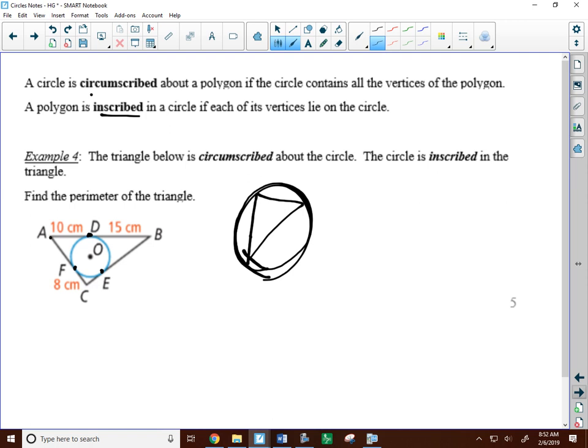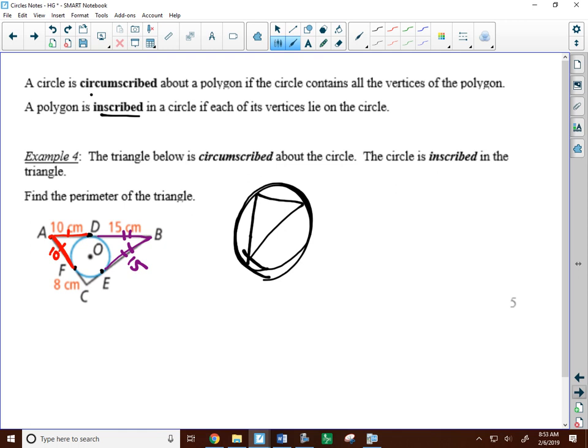All right, the last one I want to do after those terms is find the perimeter of this triangle, using the property from the last theorem that we proved. Since these are both tangent, they're congruent, and so they're both 15.